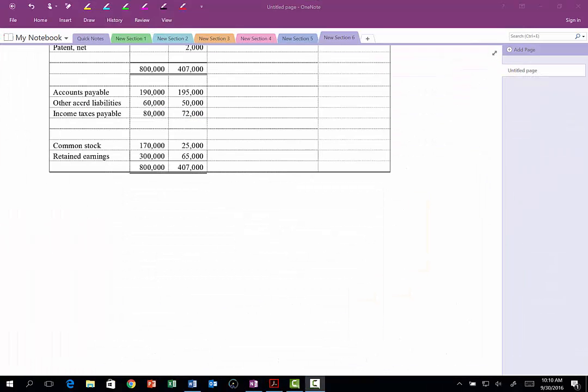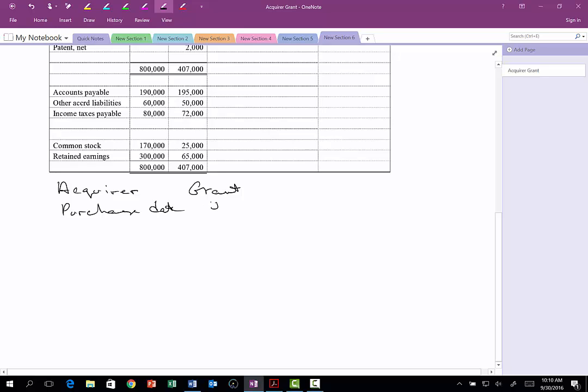Okay, so let's get started then. So it's nice to get a little bit of information down when you're doing a problem, I find, so you don't lose track of it. So the acquirer is Grant. The purchase date is January 1, year 4. The consolidation date is actually December 31st, year 7.